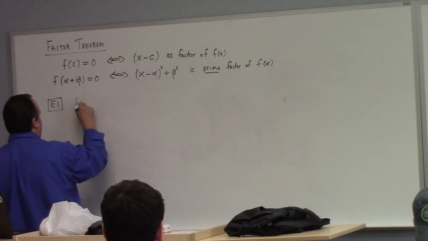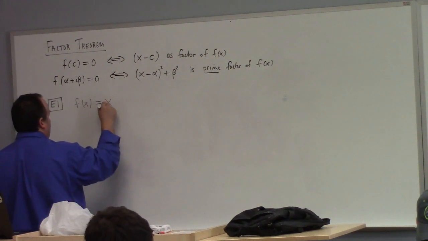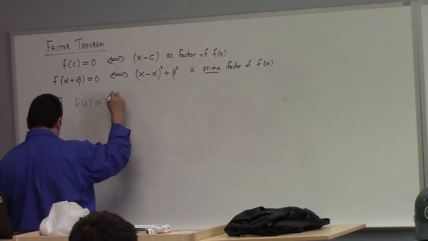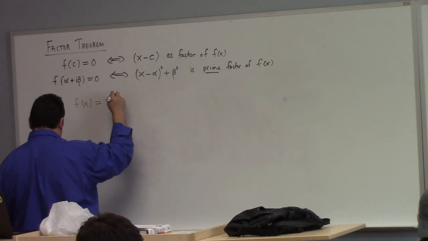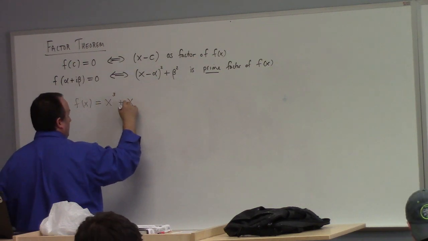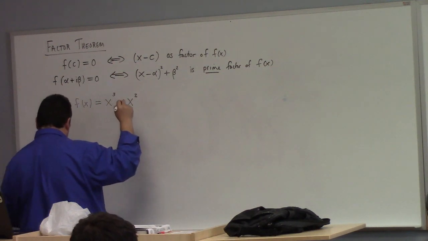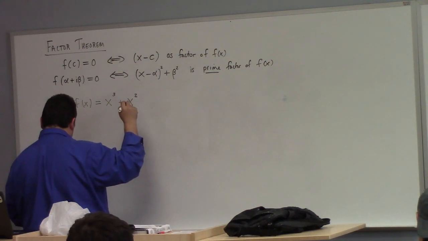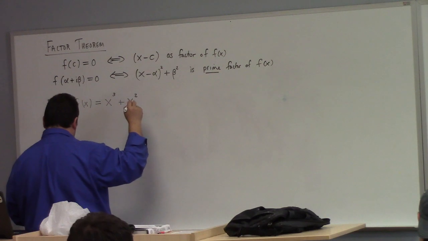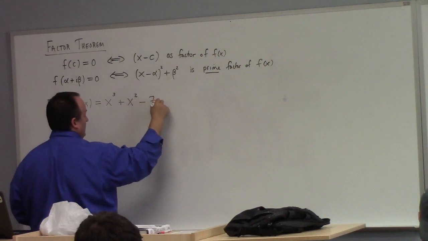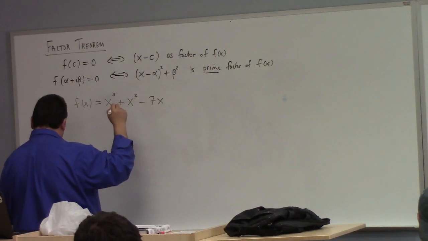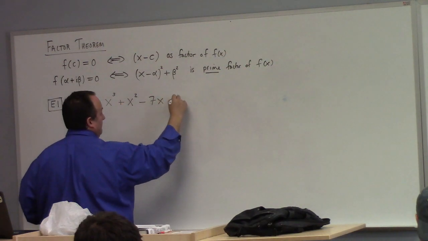So suppose we have f of x equals x cubed plus x squared minus 7x minus 15.